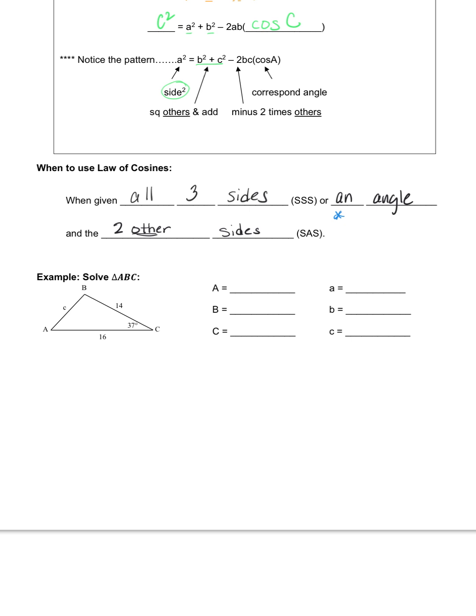We have no corresponding angle and sides when you're using the law of cosines, okay? That's where we would use the law of sines instead. So I believe it might be on your notes, but this is what you need to use.